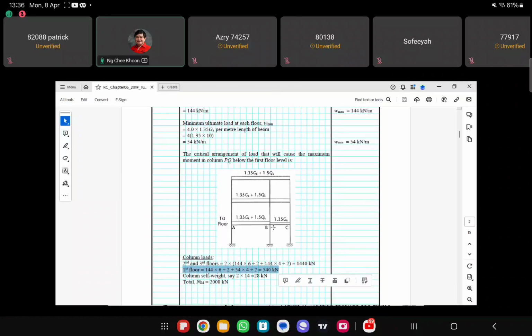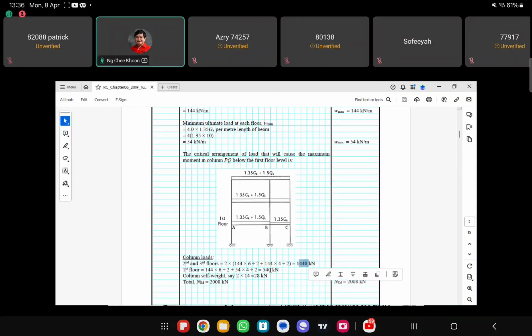Okay, and then again we have the self-weight of the column transferred to this column also, because this column has to support the weight of the 2 columns above it. So we assume this one column as 14 kilonewton. So this column has to resist the self-weight of 2 columns above it. So you have 2 times 14, right?